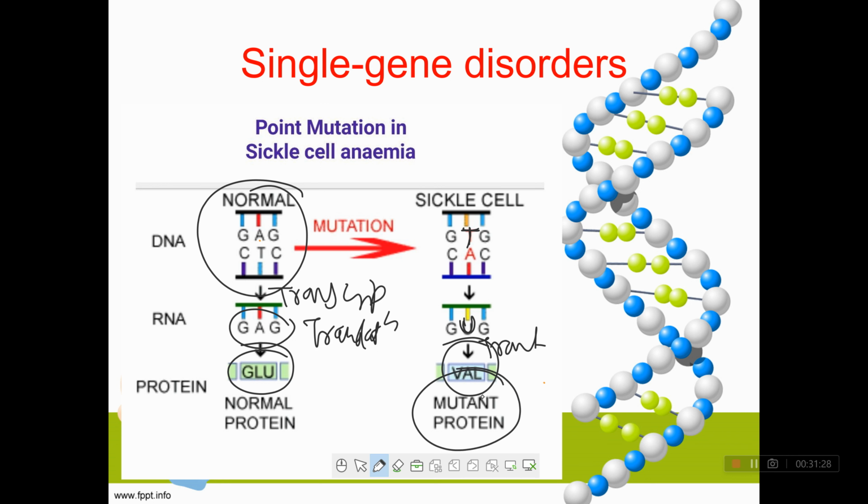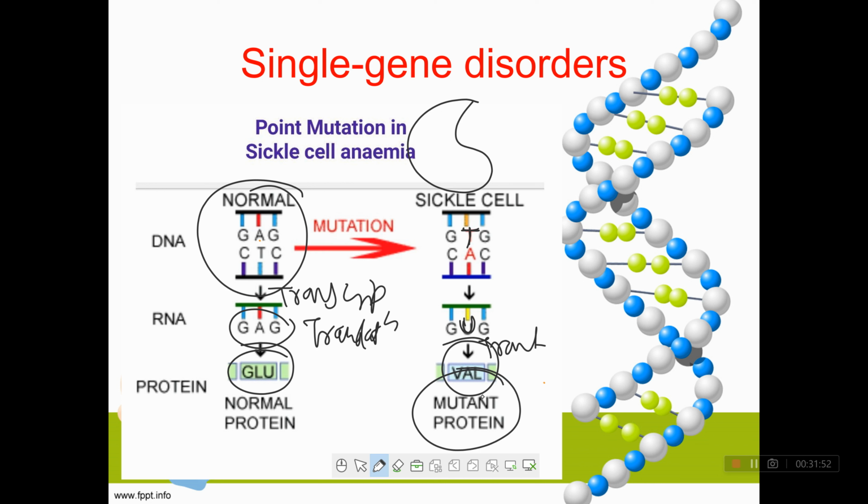This is a mutant protein. What happened here in the mutant protein? The glutamine changes into a valine. When glutamine changes into a valine, the whole shape of the RBC will be changed into a sickle cell.